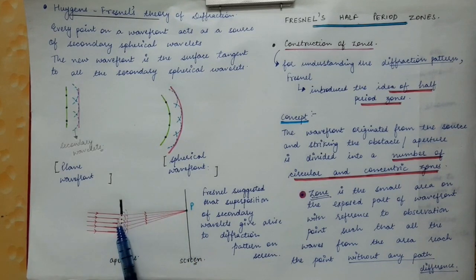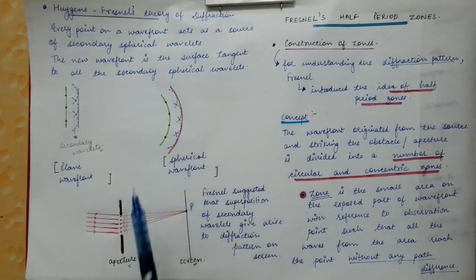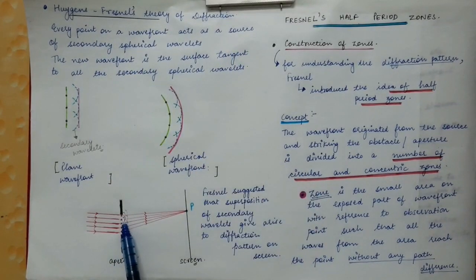So this portion on the aperture is the exposed part of the wavefront, and using the Huygens principle, every point on this wavefront will act as a source of secondary spherical wavelets. So they will emit secondary wavefronts in the forward direction. Every point in this aperture will be a point source, emitting these spherical wavefronts in the forward direction.